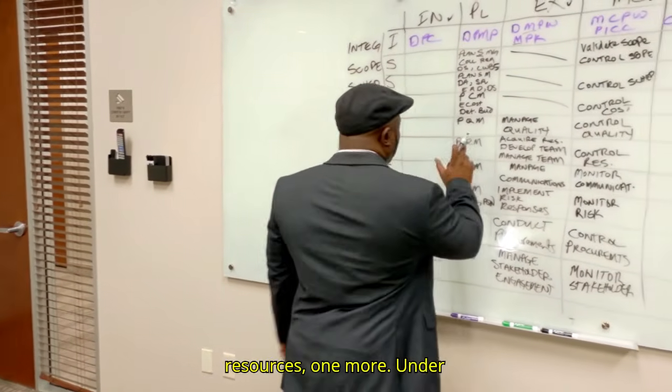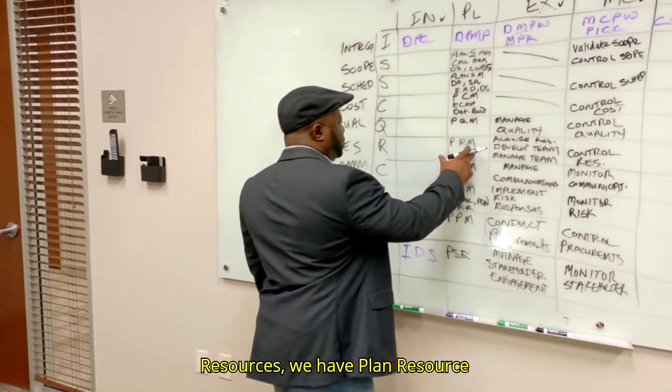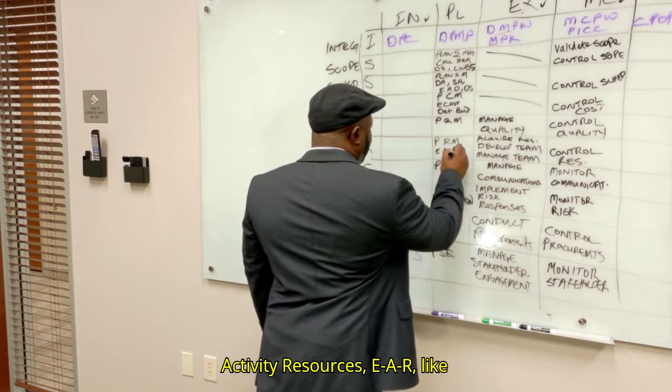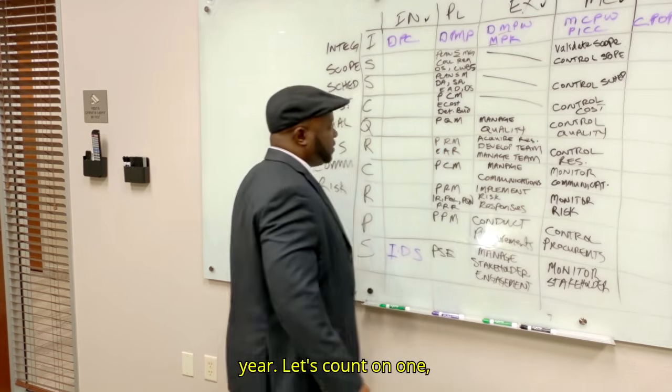Resources, 1 more. Under resources, we have plan resource management, and then we have estimate activity resources, EAR, like here.